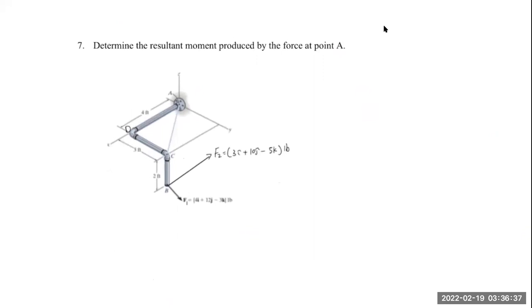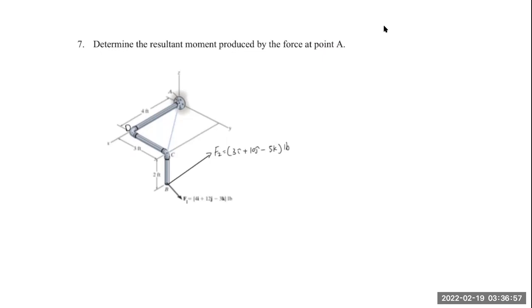Okay, problem 7. This is a 3D moment problem about a force moment about a point. So for this kind of problem, the first thing we need to do is determine the coordinates. So I have A, B, C, and D right here.